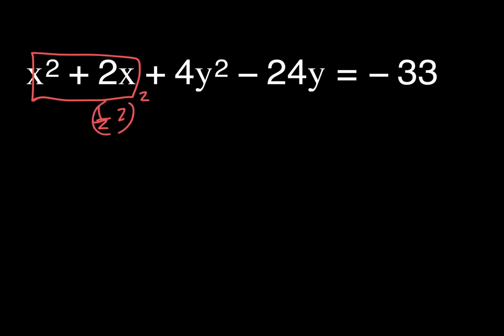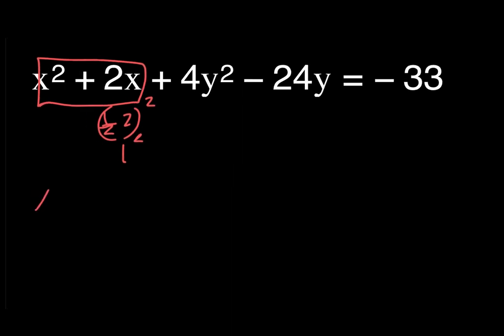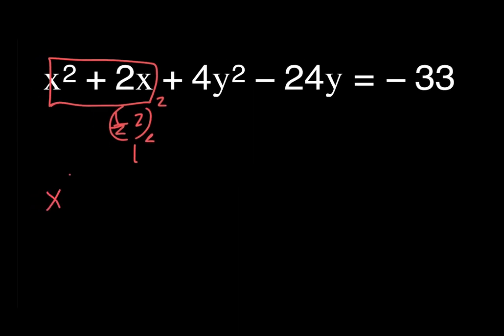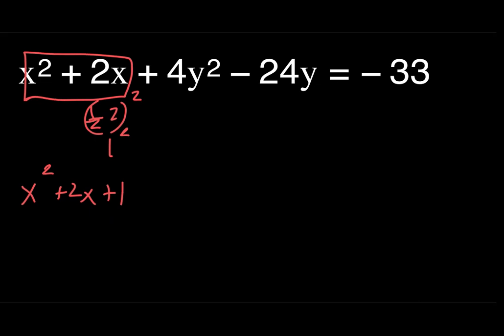Half of 2 is 1. 1 squared is 1. So I'll have x squared plus 2x plus 1. On the right-hand side, I'm going to add 1, because I added 1 over here. Everything else on the left-hand side, x squared plus 2x, was already there. Adding the 1 was the one change. That goes over there.